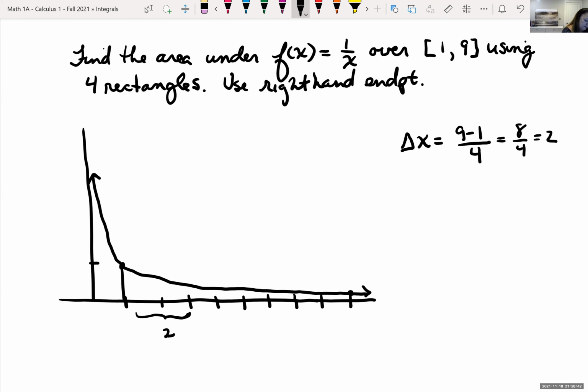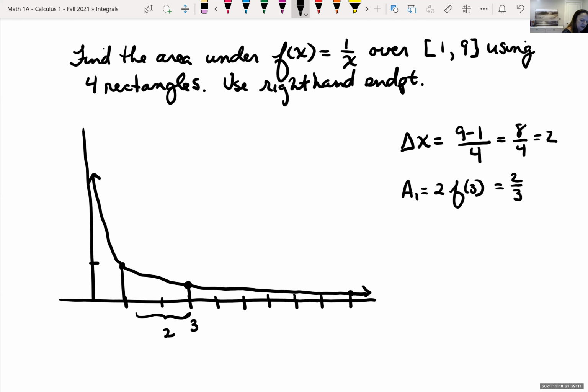So the first one is right here. The right-hand endpoint, that length is 2, is actually x equals 3. So it's going to be 2 times f of 3, which is 2 times 1 over 3, or 2/3.